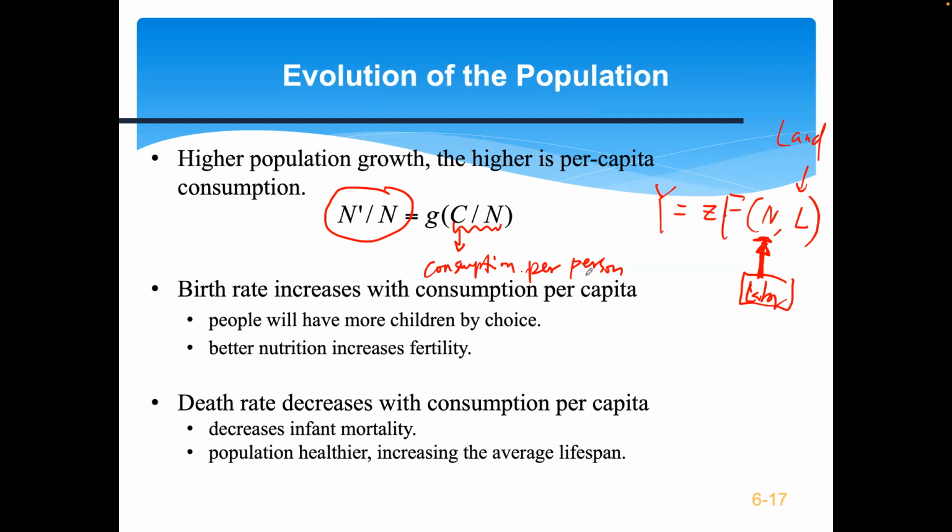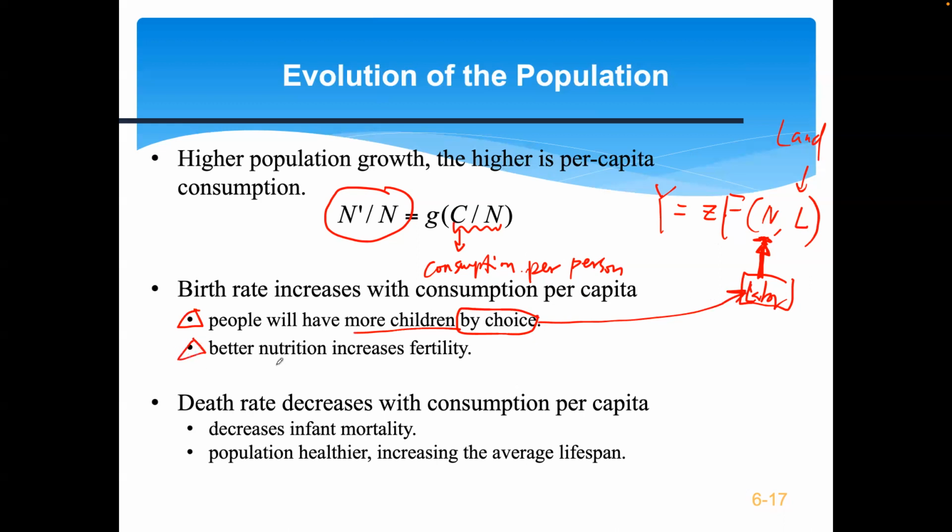All right. How or why will birth rate increase with consumption per capita? Two reasons. Reason number one, people will have more children by choice because they can feed more. And you may wonder why they want to have more children by choice. It's because in this agriculture economy, the more children you have, the more hands you have to help you on the farm.